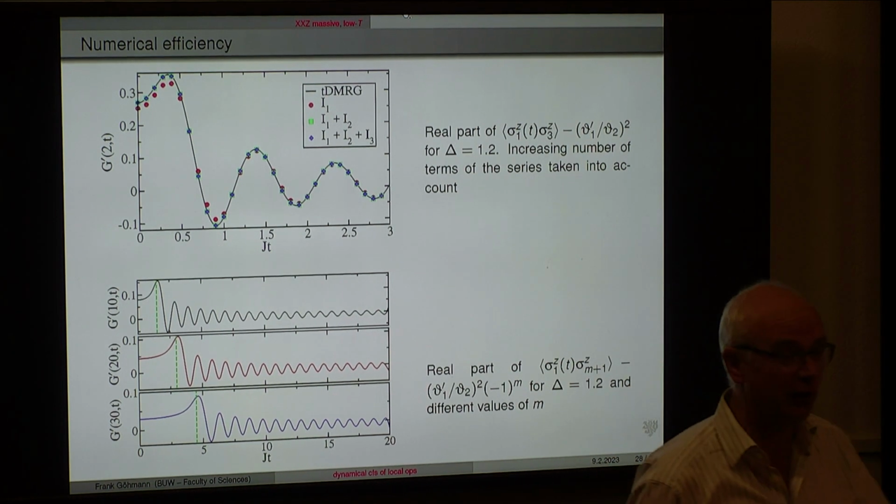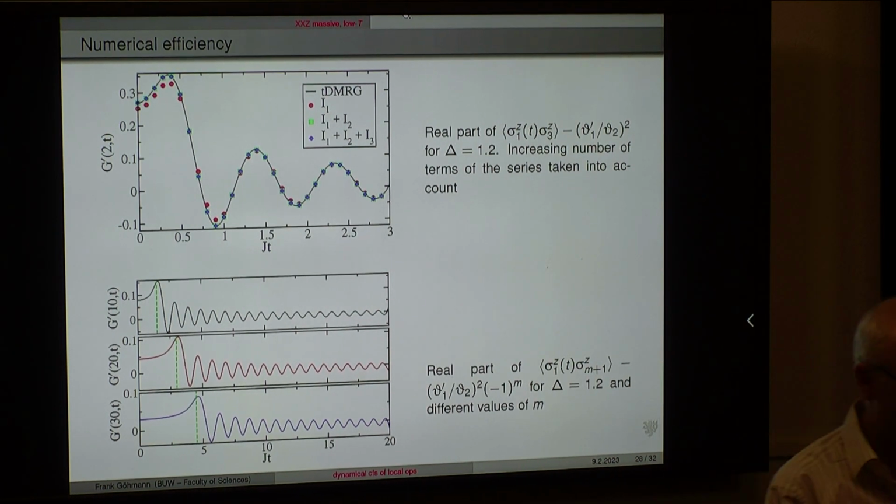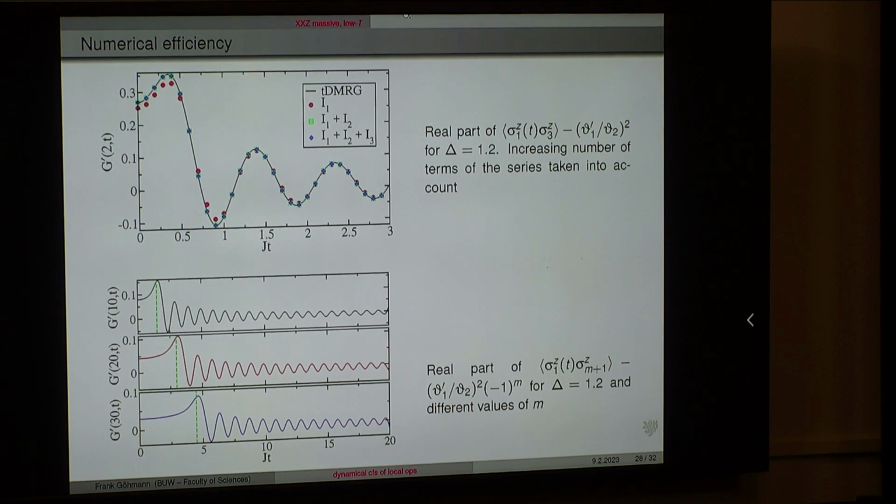So I call it the no string hypothesis. You can write the formula with factorized integrals.